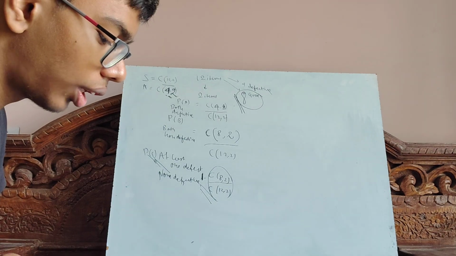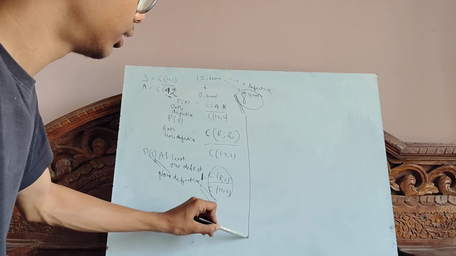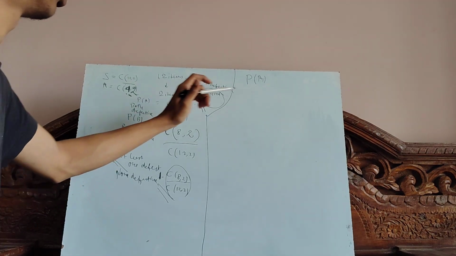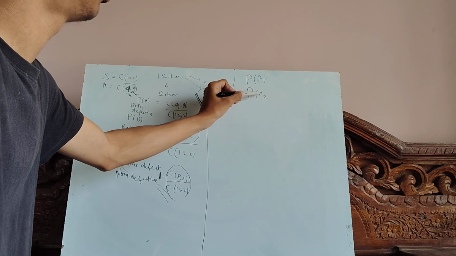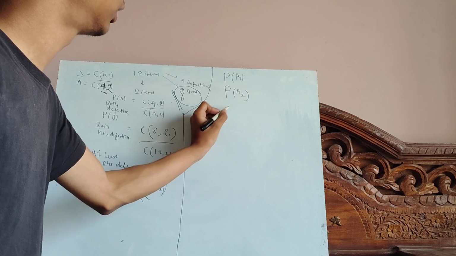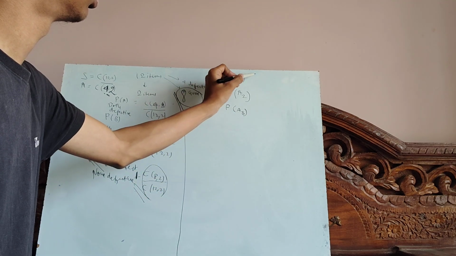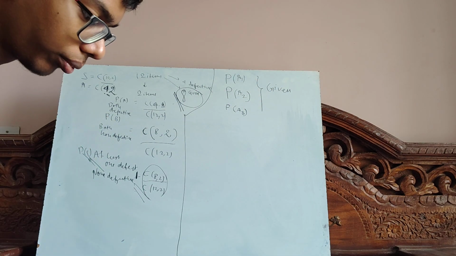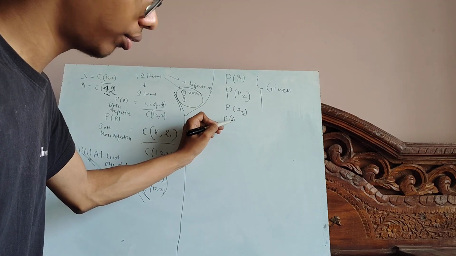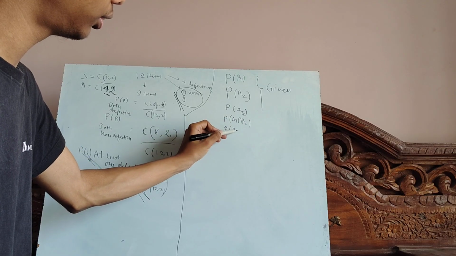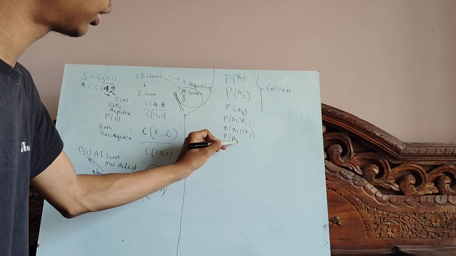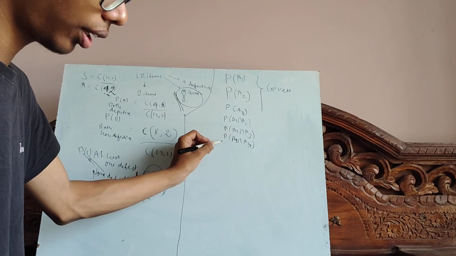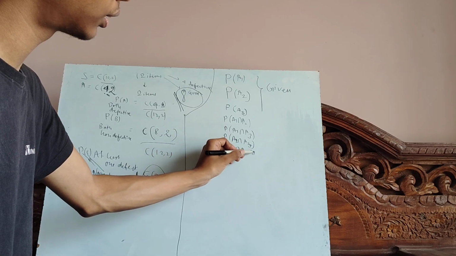Now, another question is, I have given P of A1, P of A2, P of A3, right? I have also been given P of A1 intersection A2, A1 intersection A3, A2 intersection A3 and A1 intersection A2 intersection A3.